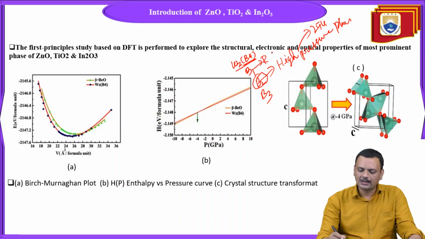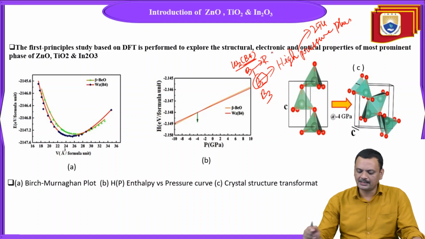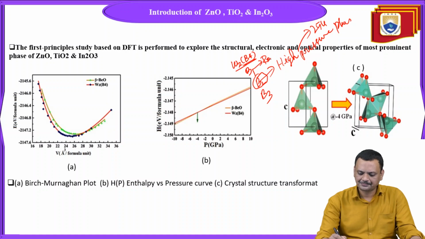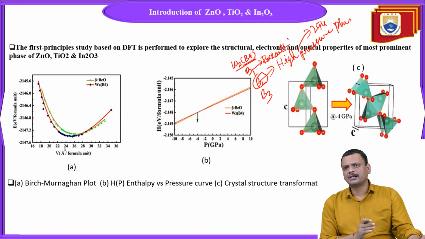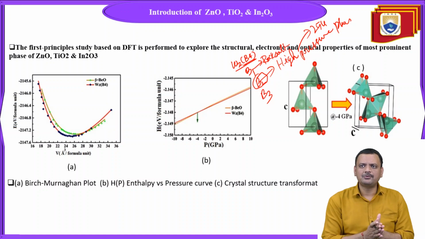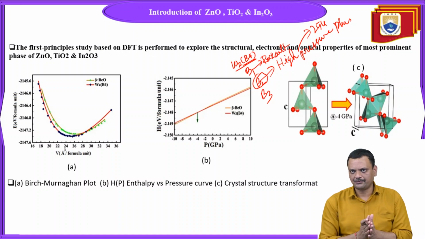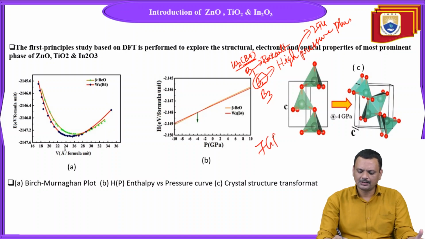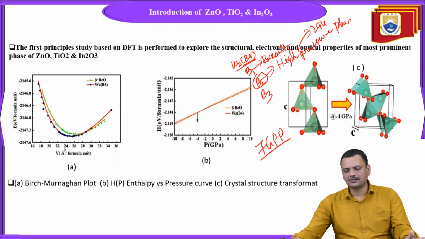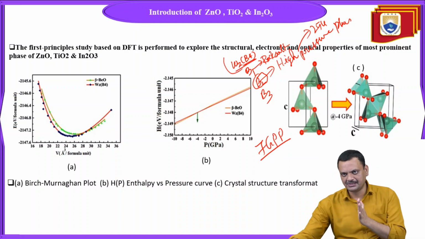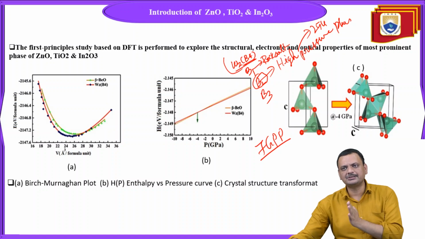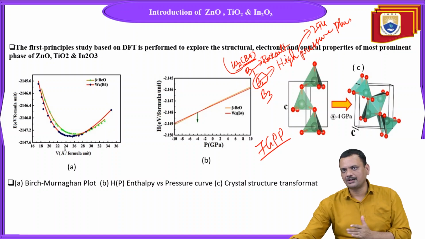B1 is also a high pressure phase, and its name is rock salt. But in comparison to the B2 phase, this B1 phase occurs at nearly 7 GPa. Once you apply pressure over the Wurtzite B4 phase, the Wurtzite zinc oxide symmetry changes into the B1 rock salt phase.